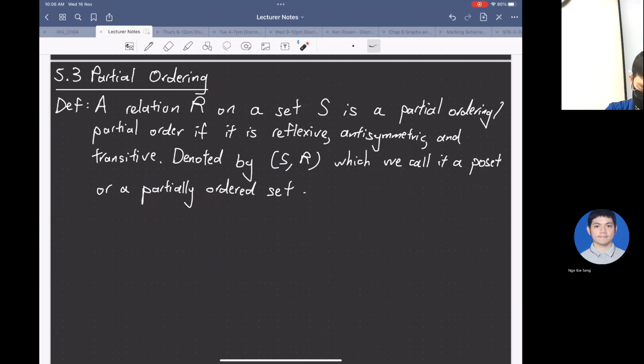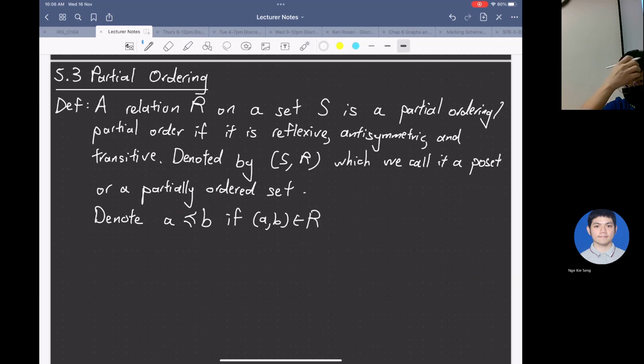We also denote a ≤ b. See here the less than or equal is a bit weird. It's not the number less than or equal to, but we will denote a ≤ b if (a, b) is in the relation, where R is a poset.